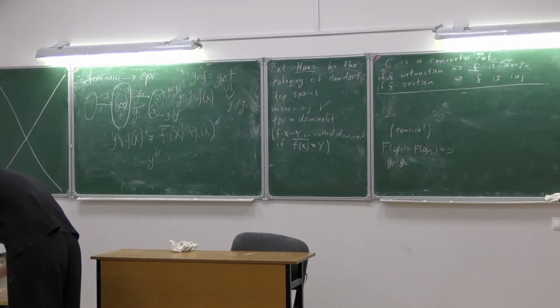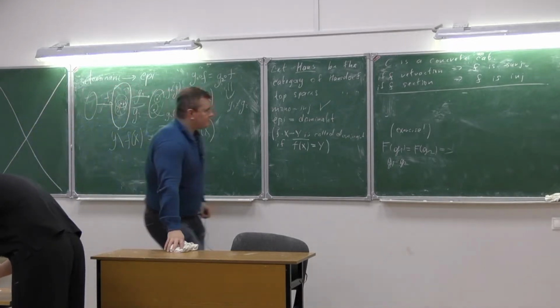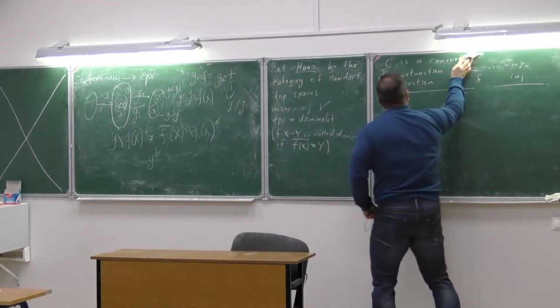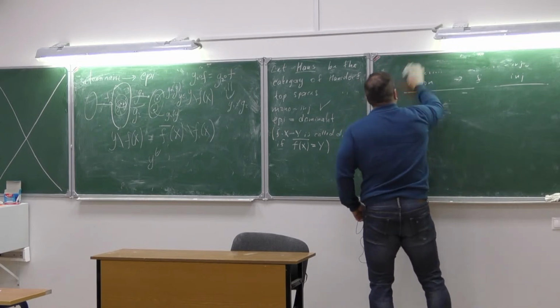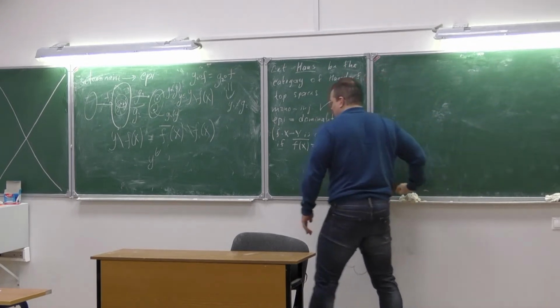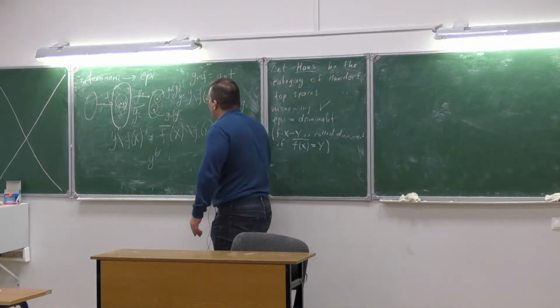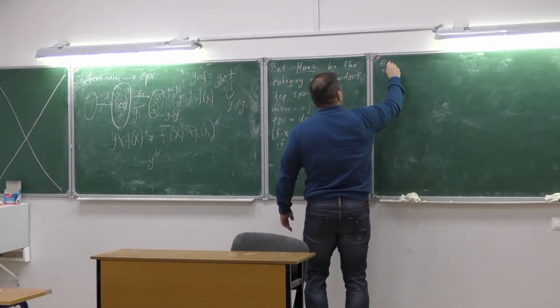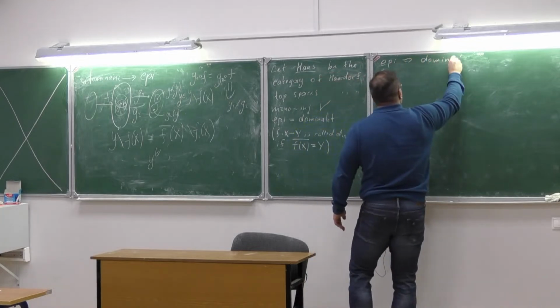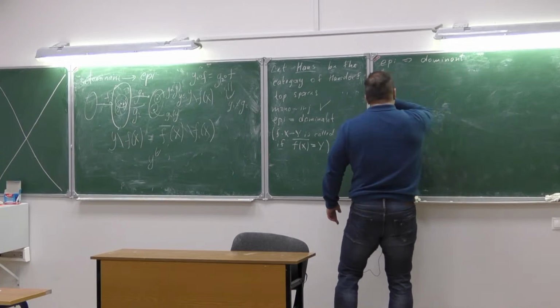Maybe for the other direction, let me give you a hint, because I think if you don't know this hint, it might be quite a difficult problem. So we're trying to show that epi implies dominant, right?